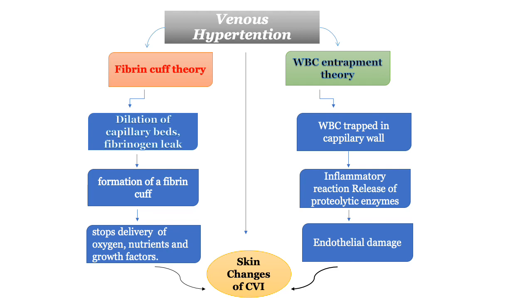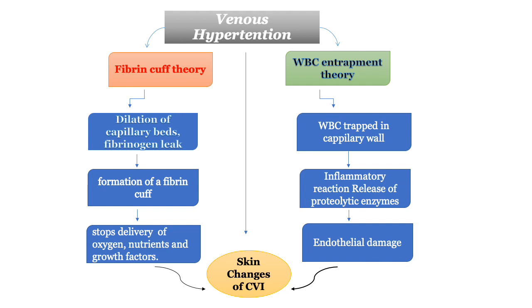Another theory is called white BC entrapment theory. White BC trapped in the capillary wall, an inflammatory reaction with release of proteolytic enzymes and endothelial damage. Both these theories will lead to skin manifestations of CVI. Okay? Because venous hypertension, through these theories, will lead to defective microcirculation in the skin and subcutaneous tissue.